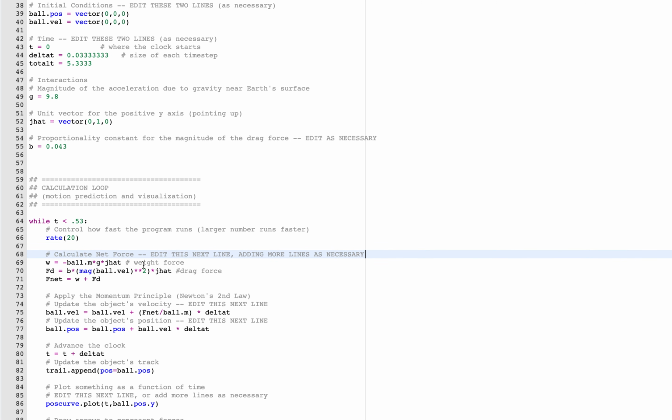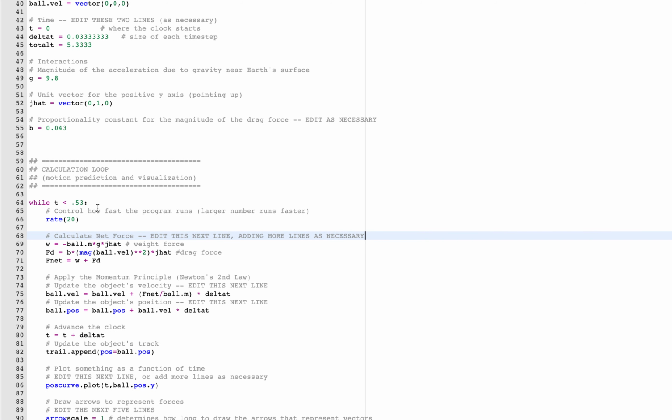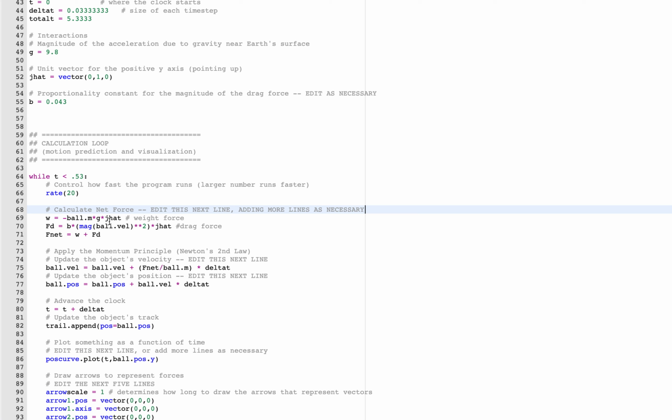For the while loop, I set the interval to match the length of my video. Here the weight force is equal to the negative mass of the ball times gravity times the unit vector. It's negative because the force of gravity is pointing in the negative y direction.